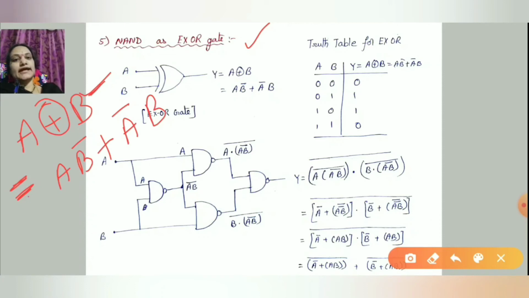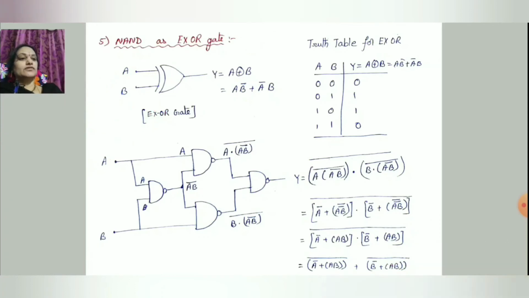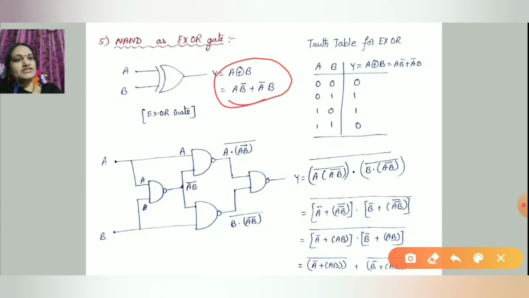This is the expression for A XOR B. So now we have to bring this expression without using the XOR gate. But we can use NAND gates.